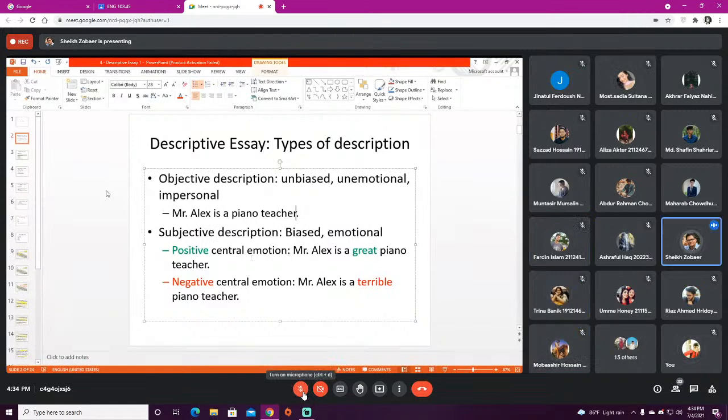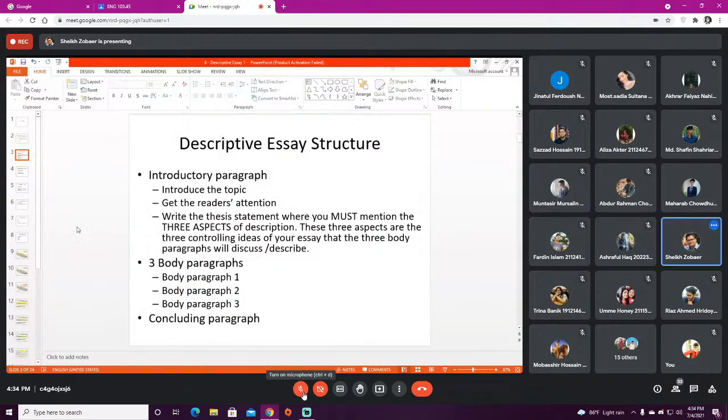All right, great. Moving on. So, descriptive essay structure. This is what a descriptive essay structure will look like. So there will be an introduction, then there will be 3 body paragraphs, and finally there will be a conclusion.